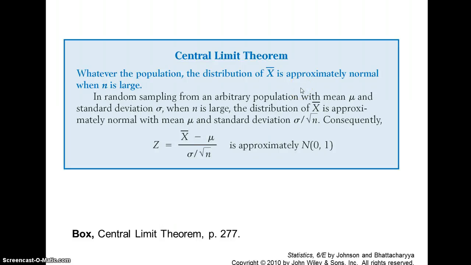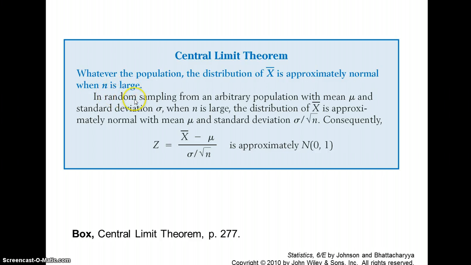First, we look at a theorem, the central limit theorem. Whatever the population, the distribution of x bar, that is the sample mean, is approximately normal when n is large.